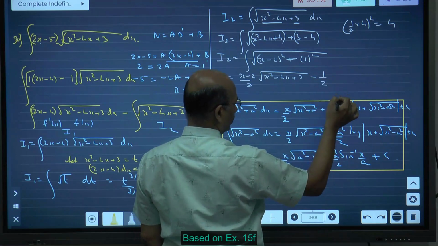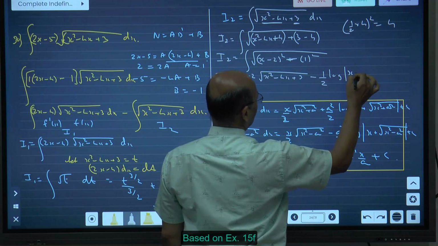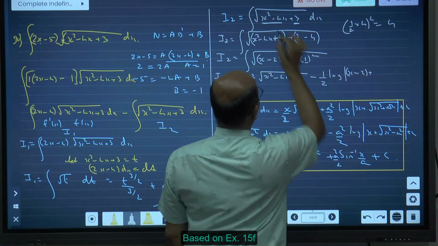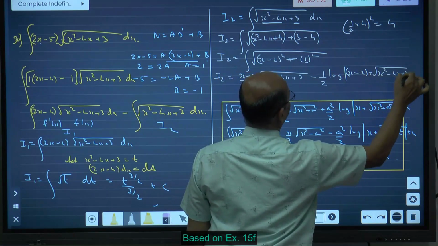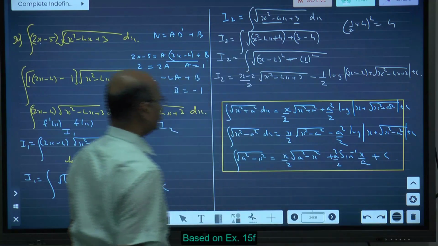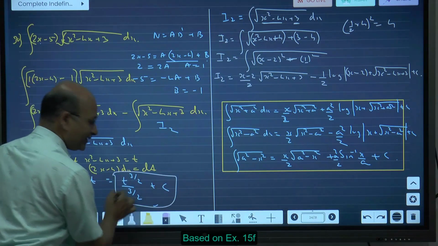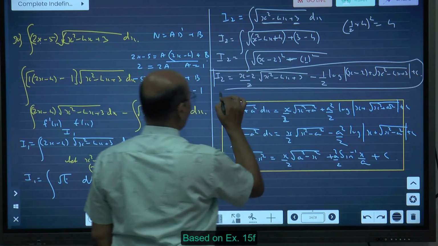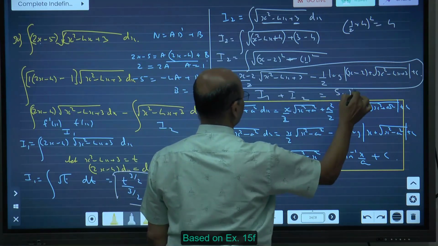So 1 by 2 log of x, plus, same thing, you can write this as it is, x square minus 4x plus 3 plus 3. So I got I1, replace this t by the way, and I got I2. So adding, I1 plus I2 will be the solution.